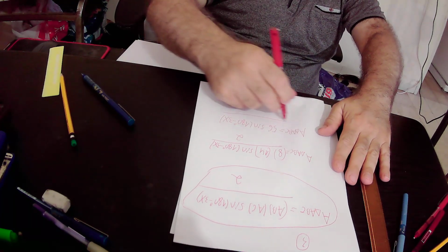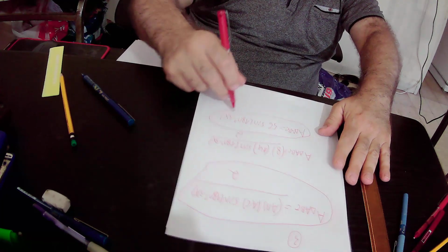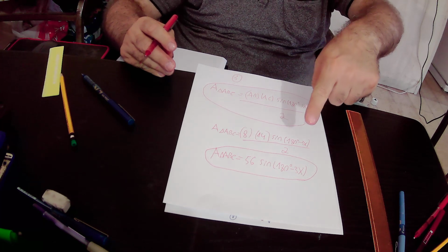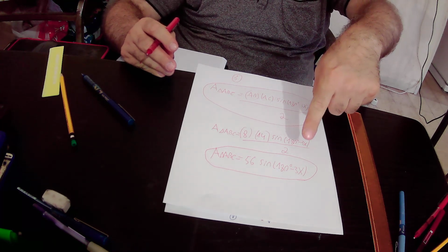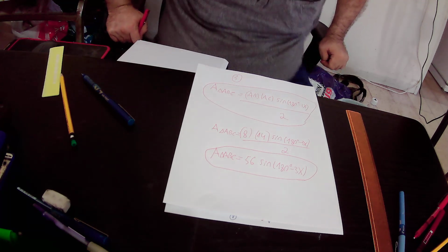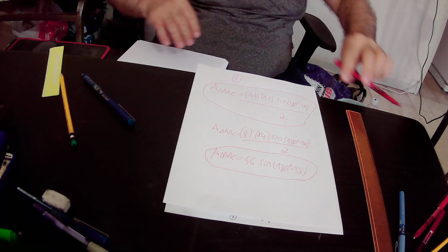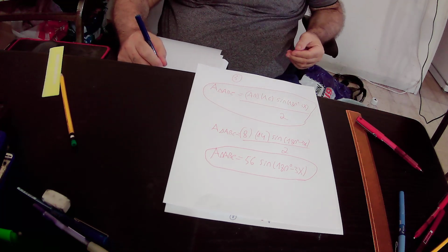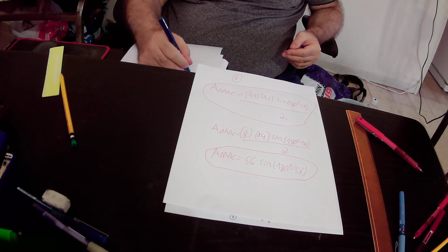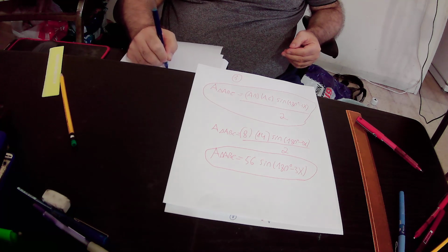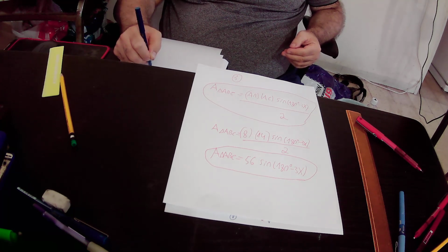The area of triangle ABC equals 56 times sine of 180 degrees minus 3x. We have the following trigonometric identity that states that sine of 180 degrees minus alpha equals sine alpha.